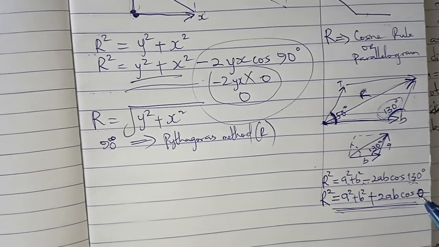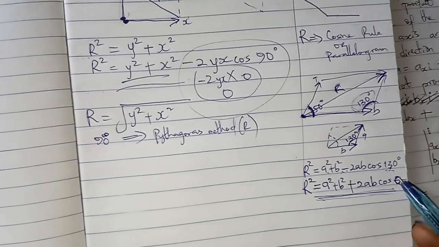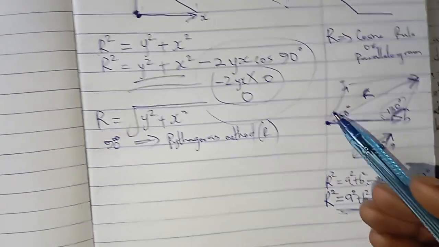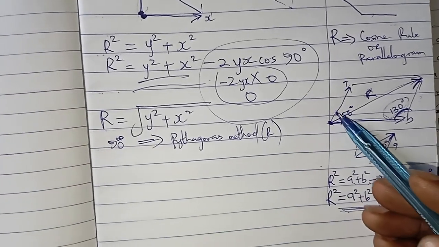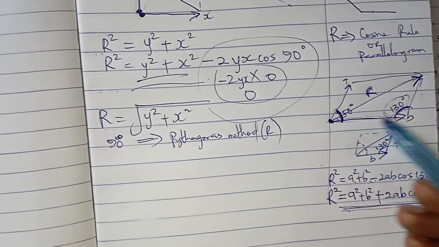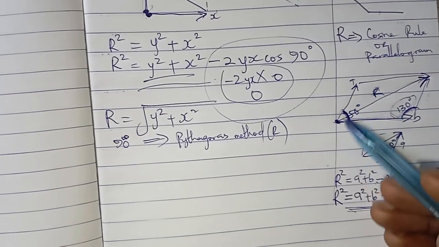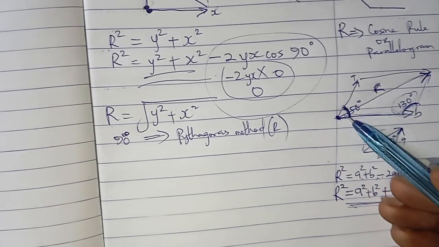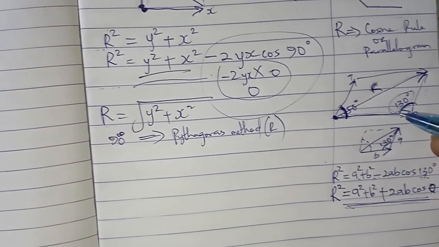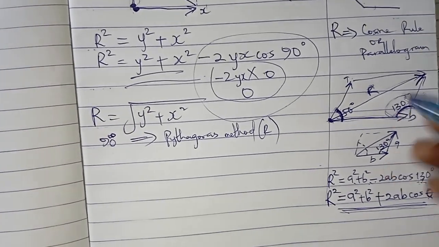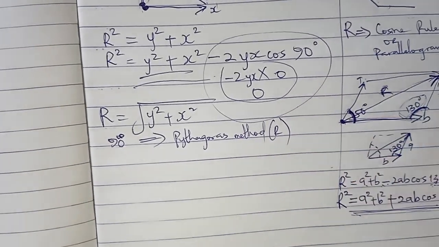So this can only be used when it's on the same side. When the angle is on the same side, see it here, the same side. But when it's on a different side, see that it is from here that I put this out.